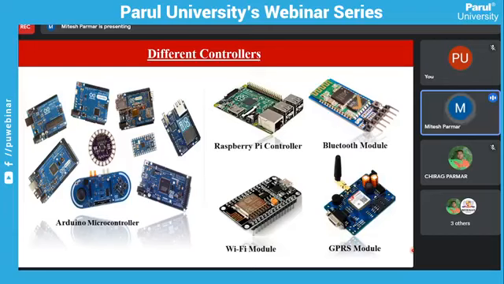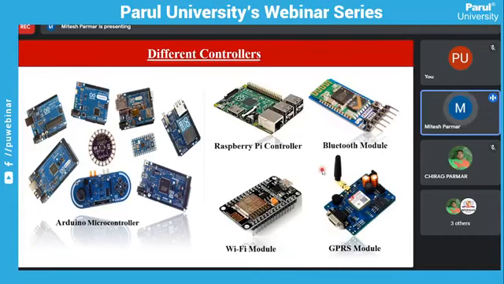You can interface all of these modules with your controller to connect it with the IoT cloud. All of your data is gathered by your controller, and that is interfaced via the Wi-Fi module, and the Wi-Fi module transfers some amount of data as per your requirement towards the IoT cloud. So all of these modules are present right now.